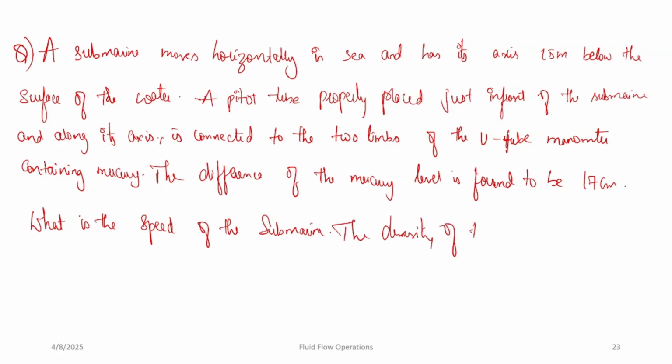The density of the seawater is 1.026 with respect to normal water. Okay. So we are supposed to calculate the speed of a submarine.